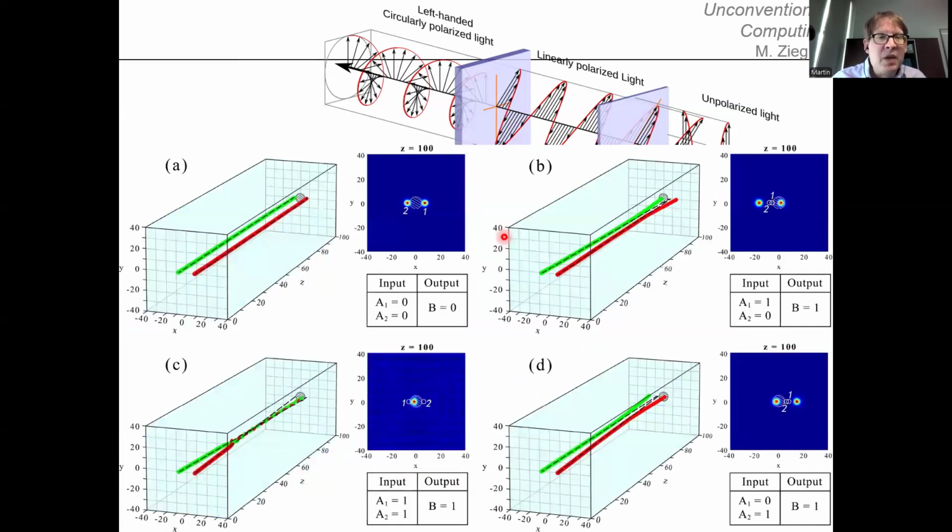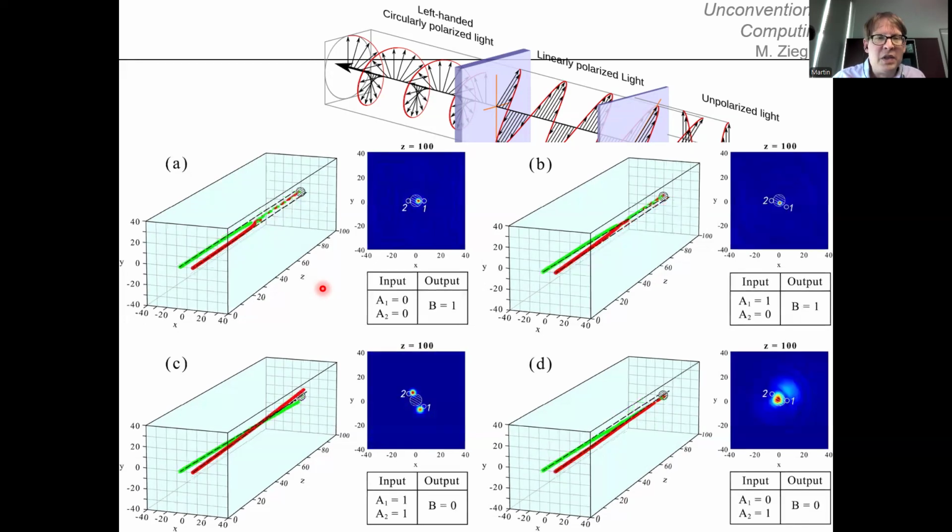But if we change the polarization, then actually they meet here. And this is a depiction of an AND gate, right? So, no, it's an OR gate. So if one of the light rays is present, then it will leave at this designated location. And if two of them are present, then also they leave at this location because they affect each other based on the soliton waves interacting with each other, one making the other jump ahead.